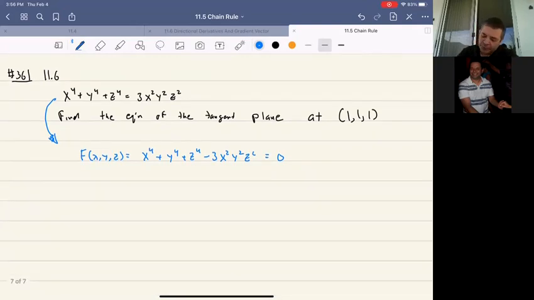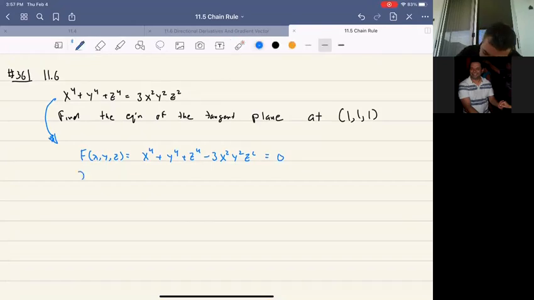Now, one thing I want you guys to notice, especially when we're doing things in multiple dimensions, is try to look and see if there's a symmetry. These x, y, and z, they all come in the same way, right? So if I take the derivative with respect to x, it's going to be the same thing when I do the derivative with respect to y and with respect to z.